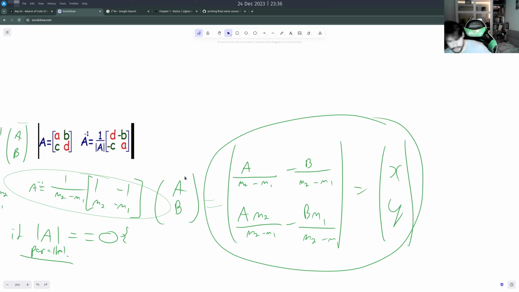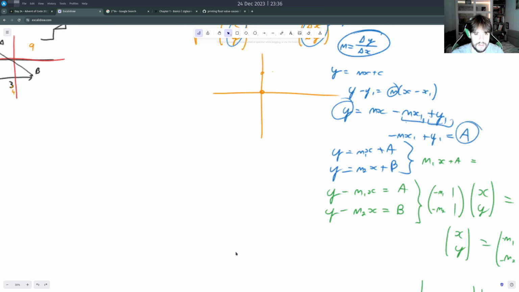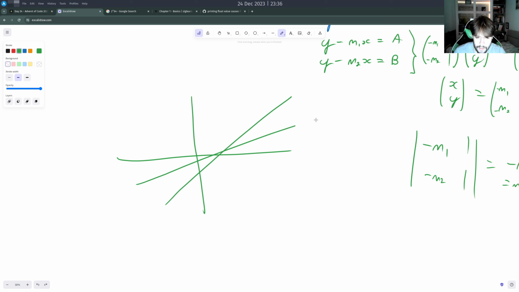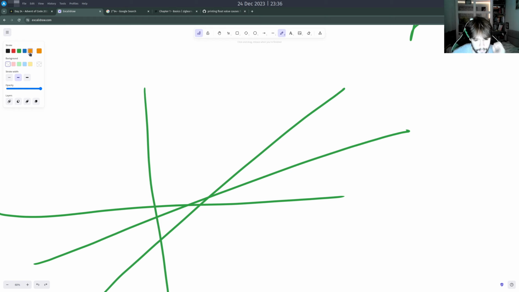So, given that we have some intersection points, right? So we have 2 lines like this, and then 1 like this, and they cross right there. Right here, what we need to do is we say, right, the starts are here and maybe here or something. So it's not good enough to check.